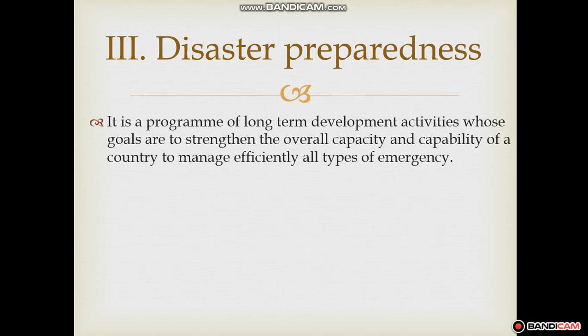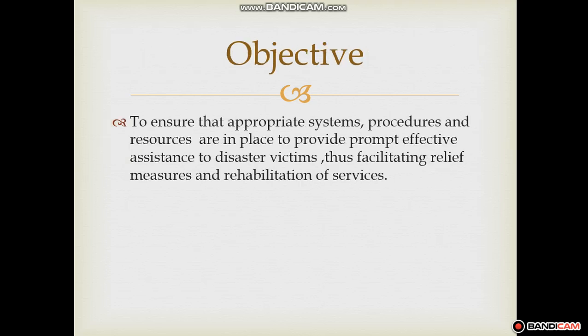So the country is being made capable of managing all types of emergencies. In such a way, disaster preparedness is done for the country, state and district in different ways. The various disaster management teams continue these preparedness phases so that medical casualties can be reduced.